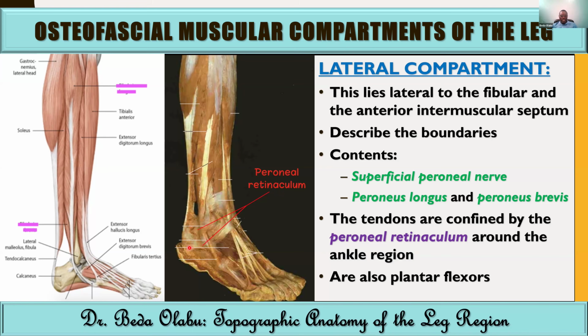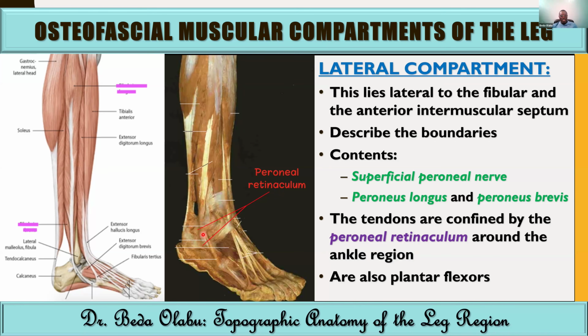These muscles cause eversion of the foot together with the peroneus tertius, but these two also cause plantar flexion. Remember, peroneus tertius causes dorsiflexion, but these two cause plantar flexion. So the muscles of the peroneal compartment cause eversion and plantar flexion.